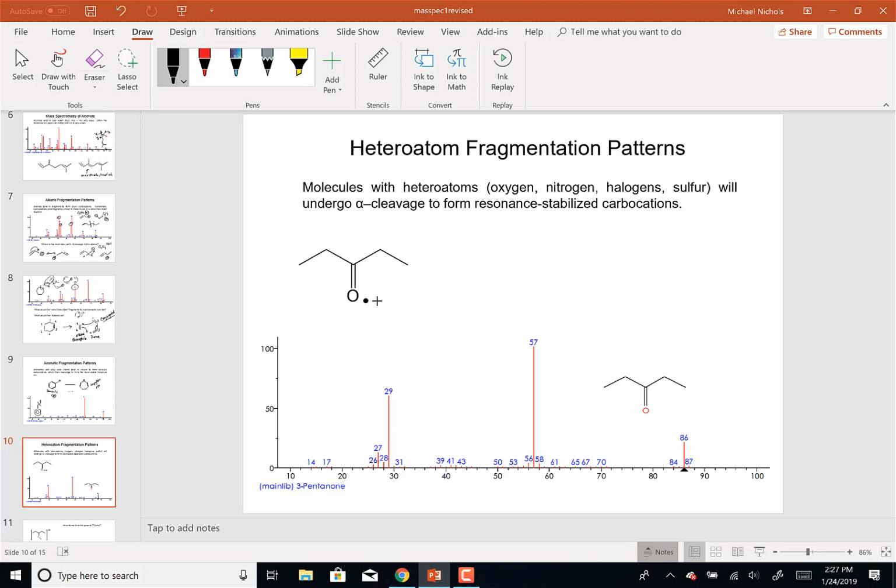For years I didn't even talk about alpha and beta carbons with elimination, but then I got tired of saying the hydrogen on the carbon next to the carbon with the leaving group, so I just bit the bullet and said I'll redefine it later. In this case, the alpha carbon is the carbon attached to the carbonyl. That's the alpha carbon, and any carbon after that is a beta carbon.